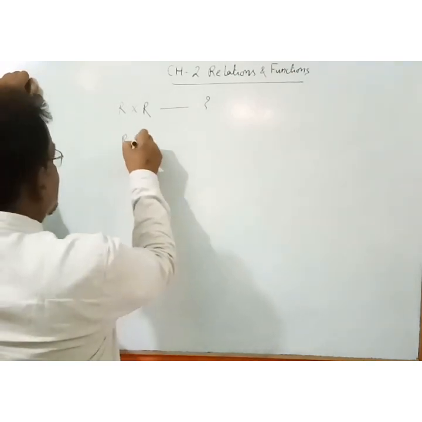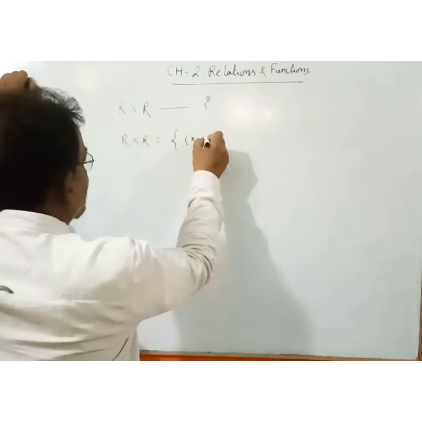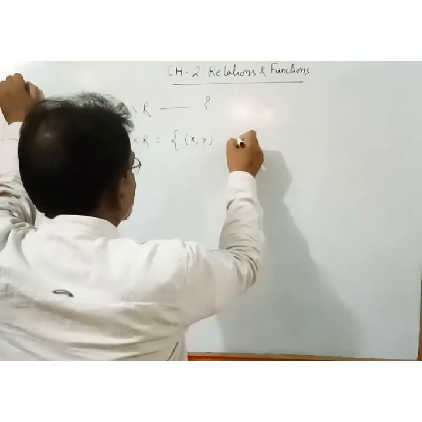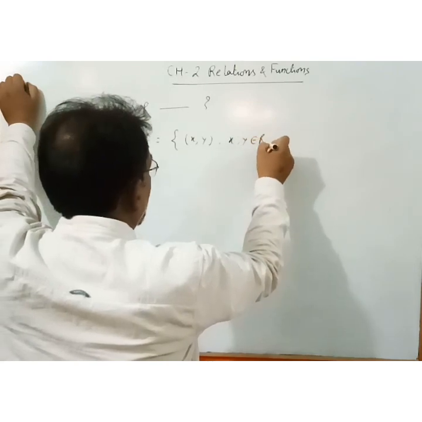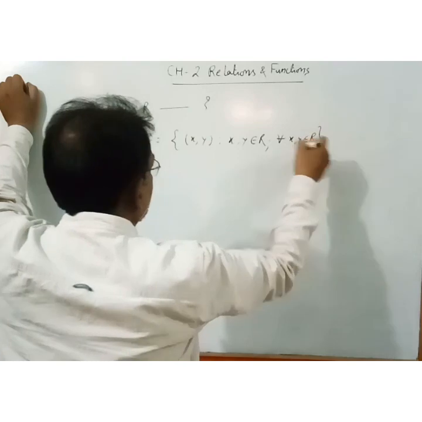So let us define R cross R. It is the set of (x, y) such that x, y both belong to R, and this holds for all x, y belonging to R.